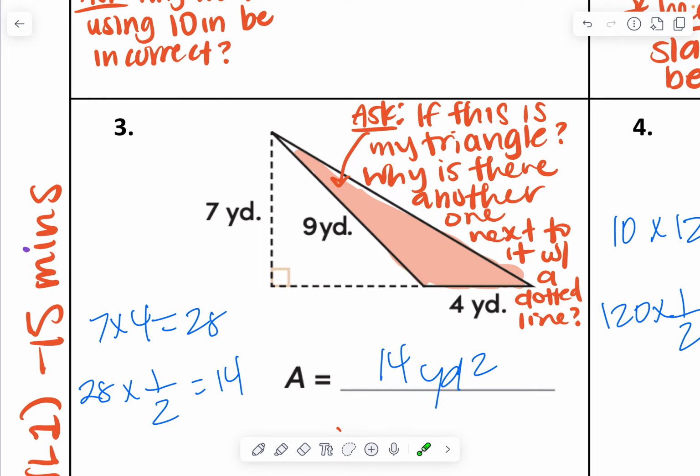What we needed to do was draw a 90-degree angle from our height to our base to be able to calculate the side length, or in other words, the height. This gives us that straight line that we can use for our height, which is 7. So we would need to do 4 times 7, giving us 28 yards squared, divided by 2, 14 yards squared.